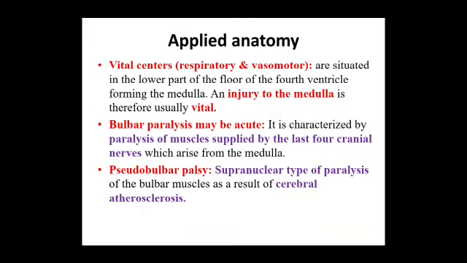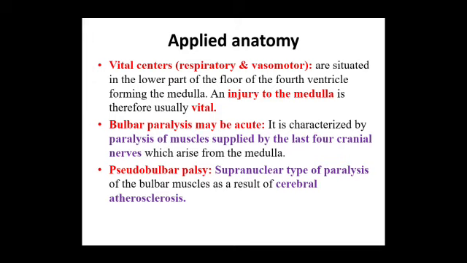Next, coming to the applied aspects. The medulla oblongata is a very important vital center, especially for respiratory and vasomotor functions, situated in the lower part of the floor of the fourth ventricle. So an injury to the medulla is very vital.